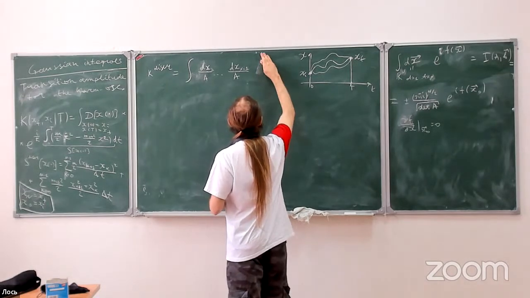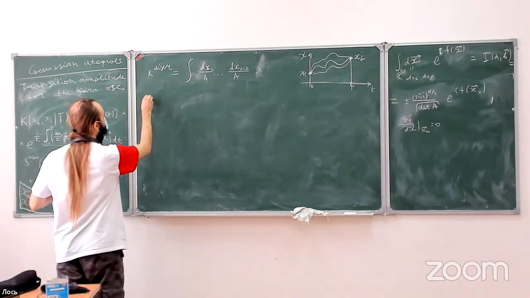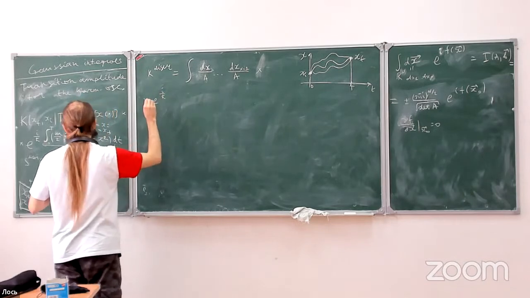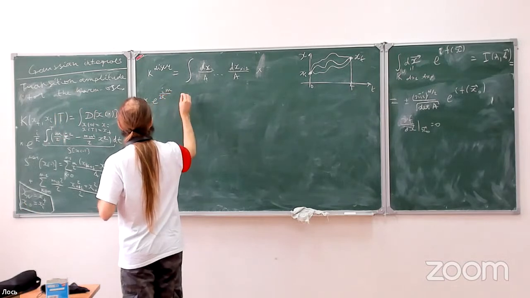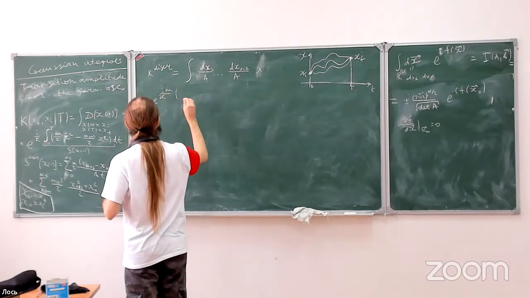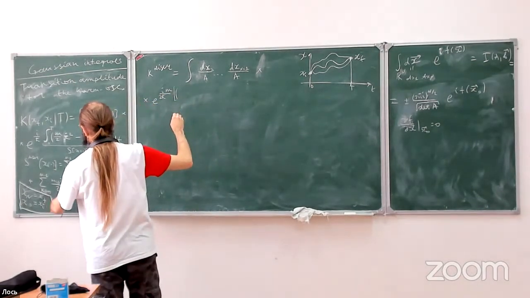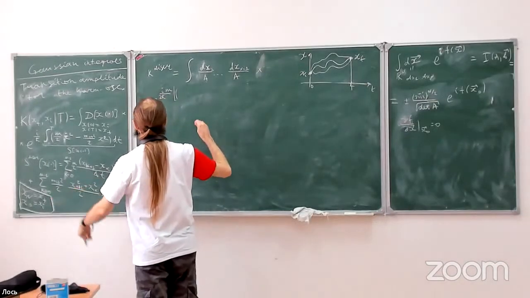Yes, but let me maybe write down the first and the last term in the sum. E to the power I over 2h bar, and who is the first term? Let us use that x0 is xi.